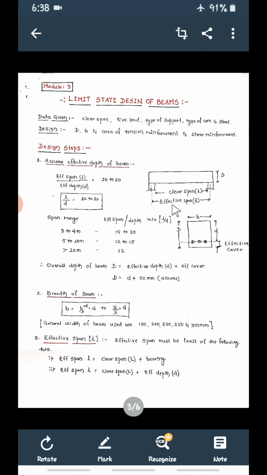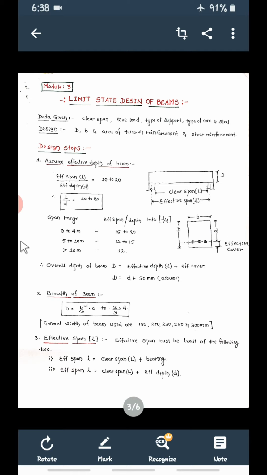Now we have to calculate effective span. So effective span is the clear span, capital L, plus half of this width, half of this width. So we'll get the effective span. Using this effective span, we have to assume the L by D ratio between 10 to 20. Now for reference, see this span.